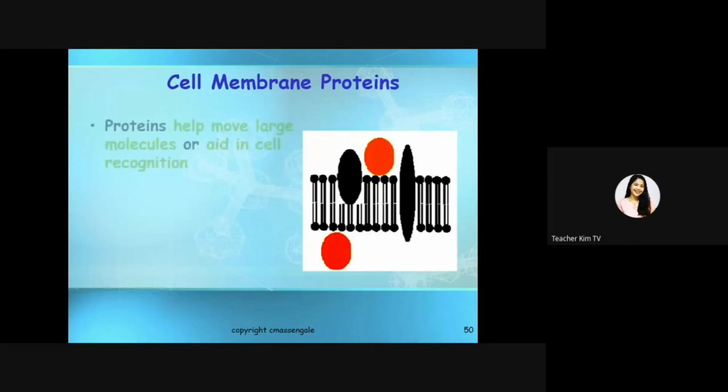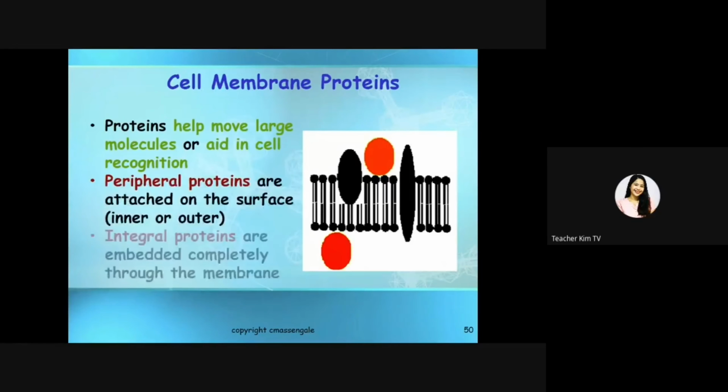So, aside from the phospholipids, cell membrane also contain proteins which help move large molecules or aid in the cell recognition. Because hindi naman lahat ng dumadaan or pumapasok at lumalabas sa cell, kasya dun sa phospholipids na yon. So, kailangan ng daanan.